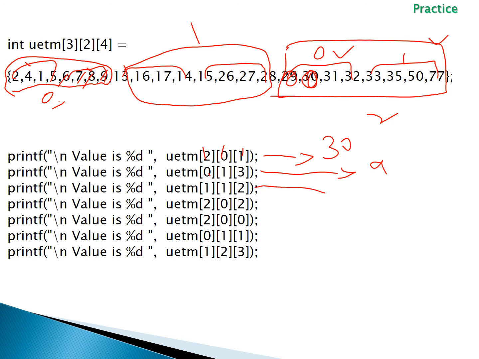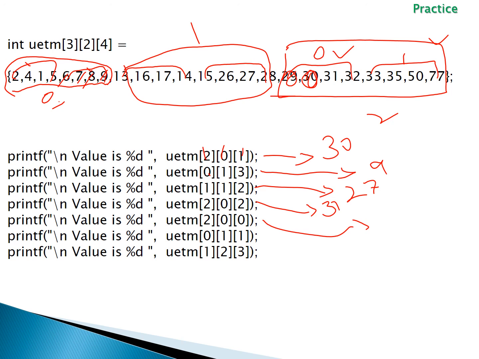For this one, you guess what will be the output? That is 27. For this one, 31. Try to resolve it by yourself.